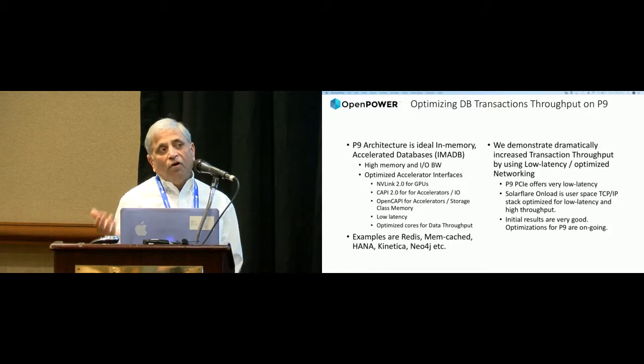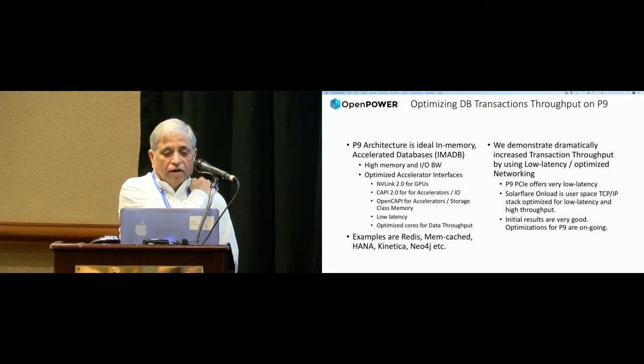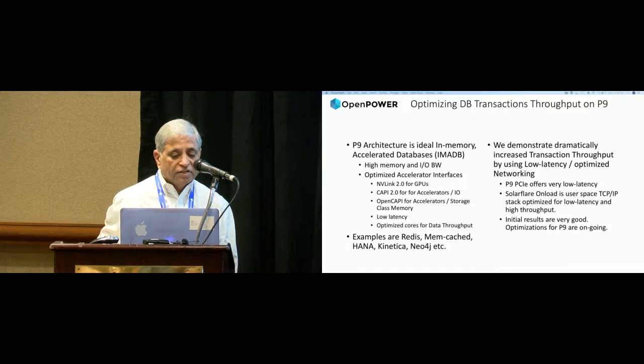So on Power 9 especially, as you saw earlier, we have lots of success with high performance databases that are accelerated because we have a high memory bandwidth, and we have accelerator attachments, which is world class. So basically, we have an ideal infrastructure.